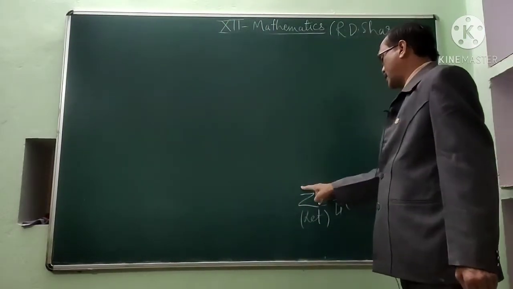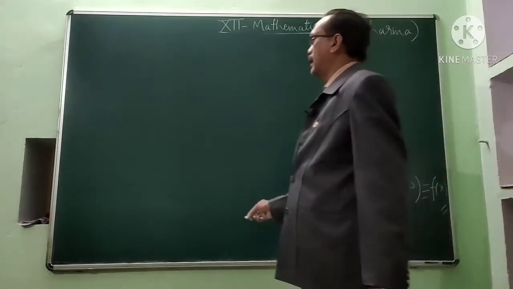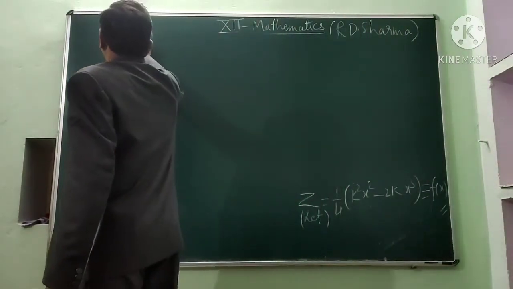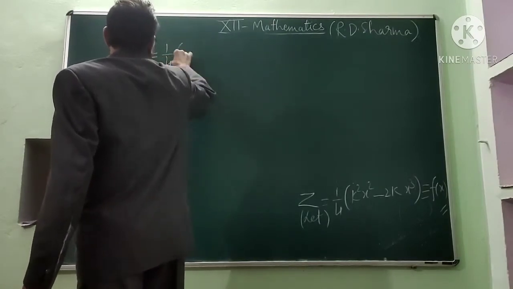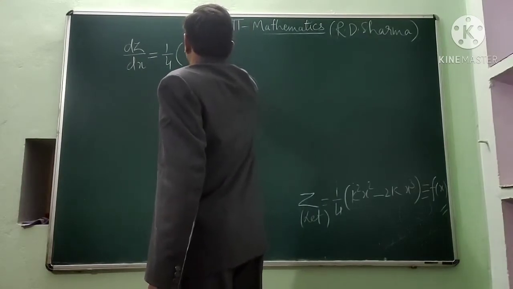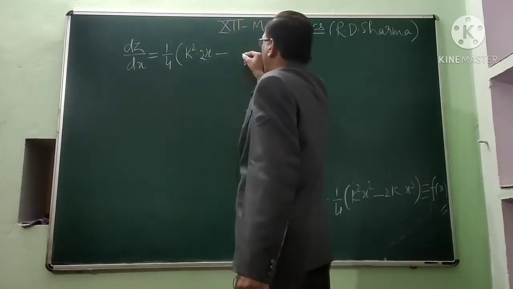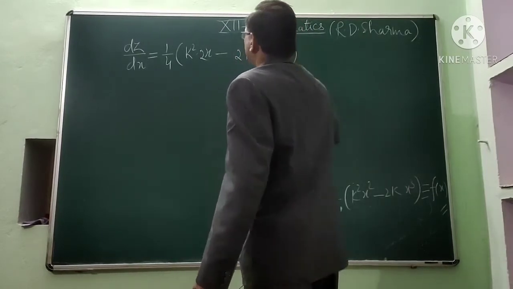Let A square equal to z, then z is a function of x. Now we will find dz over dx. It is 1 upon 4 k square into 2x minus 2k constant into 3x square.